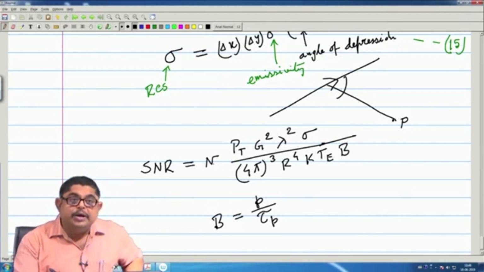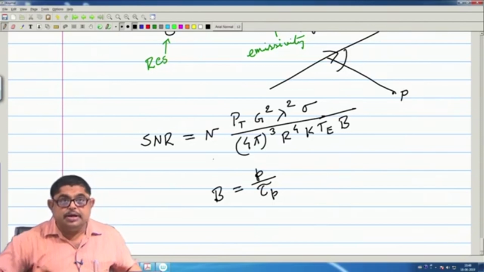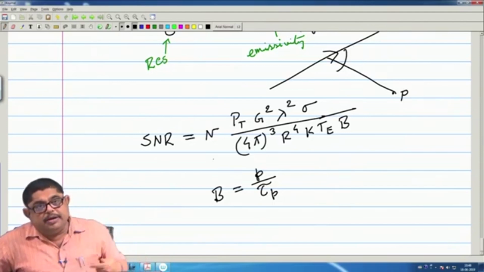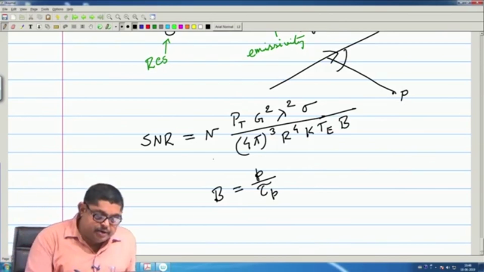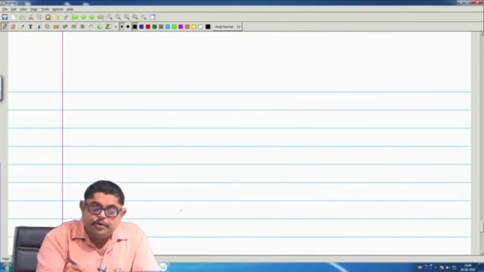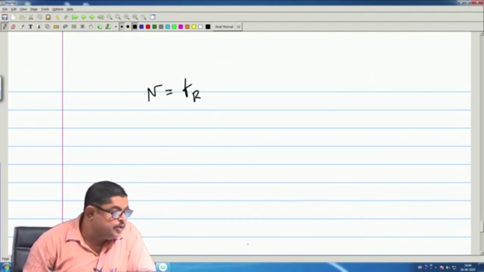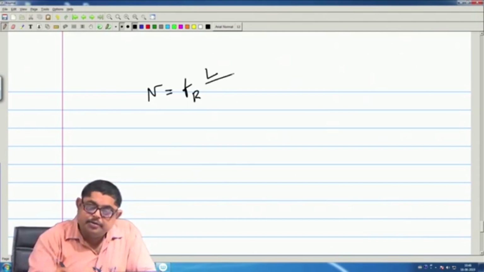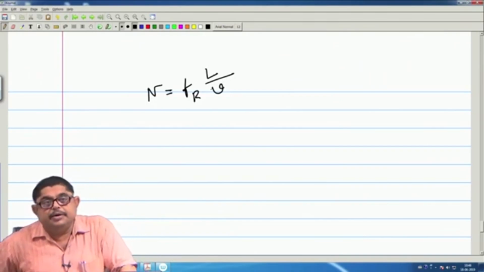Now, what is the value of this n, that for SAR we can find out, because SAR is moving, the radar is moving with a constant velocity and it has a PRF. So, immediately we can find what is the value of n. So, n will be, the PRF is FR and time L by V is the time.